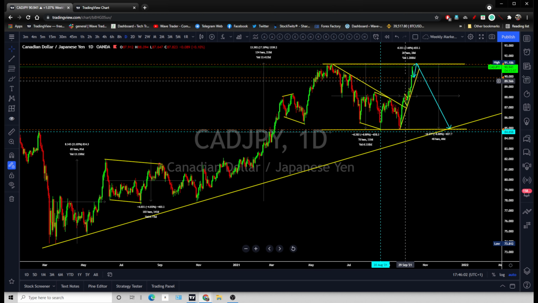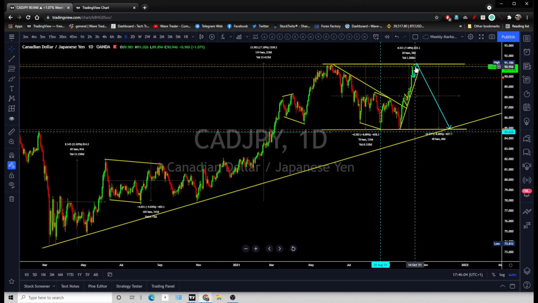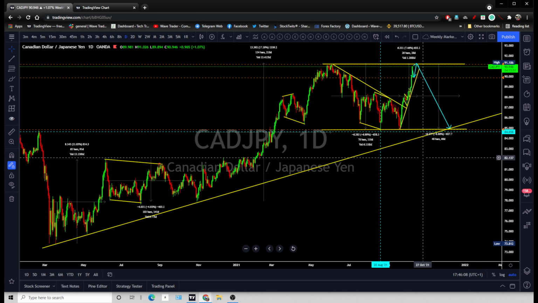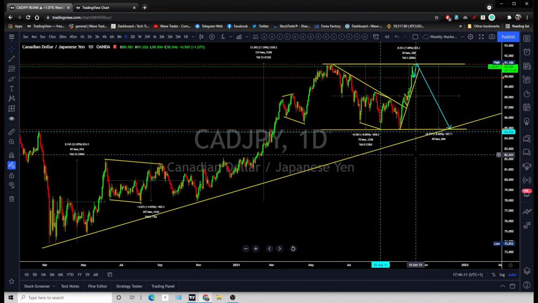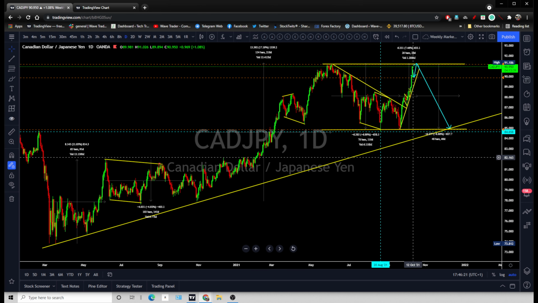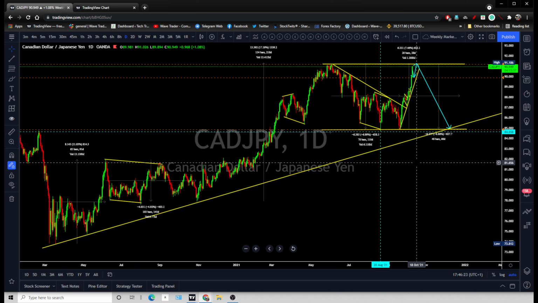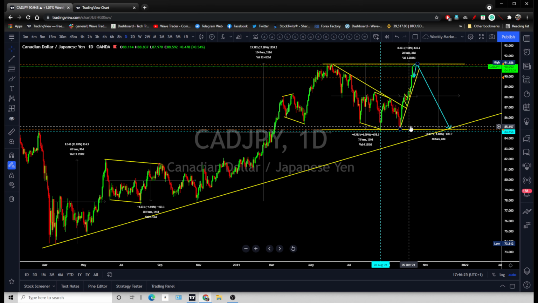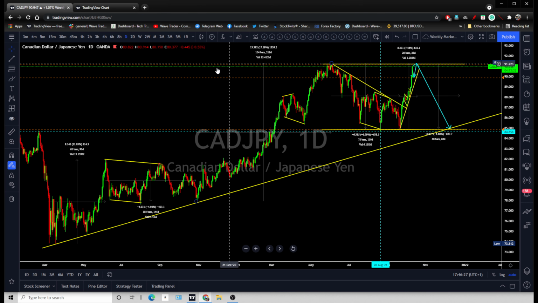We may see a quick sharp sell-off on the CAD yen, and you may get a couple, maybe more than 2 or 3, it depends on how you handle that aggressive sell-off. So you may get good entries over there on the CAD yen.